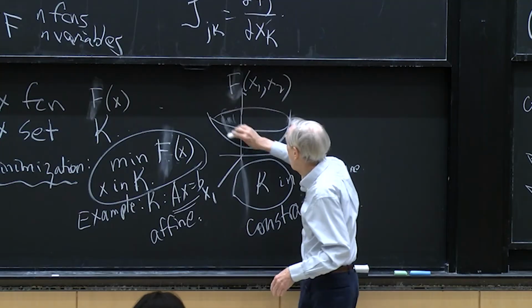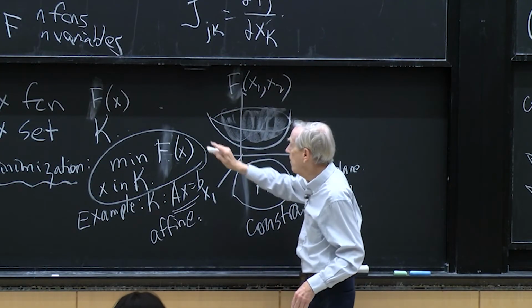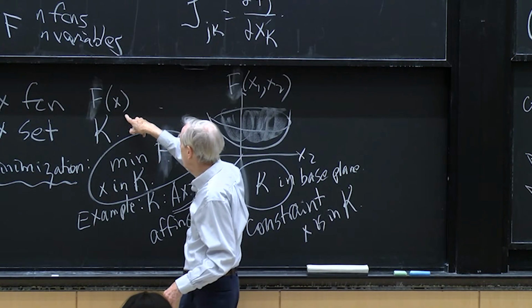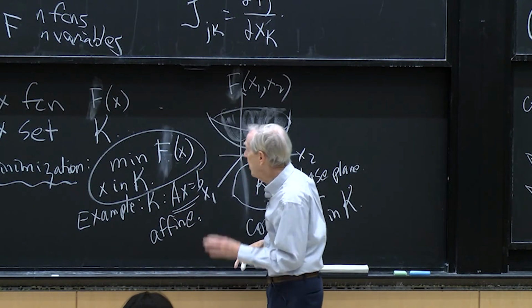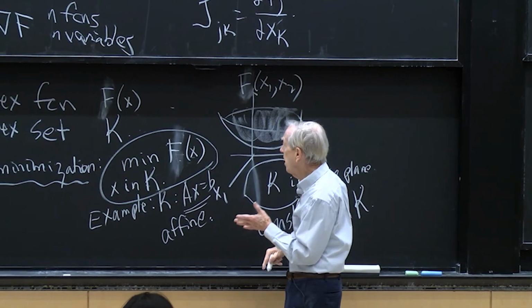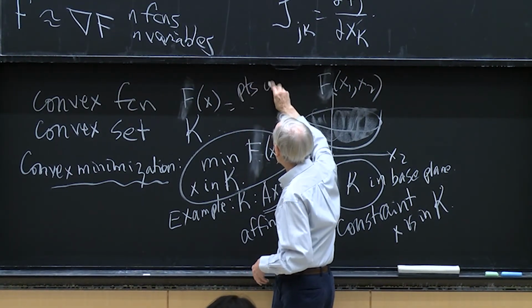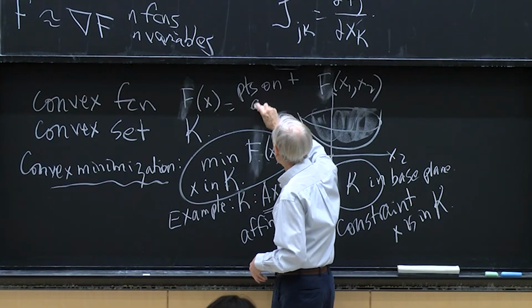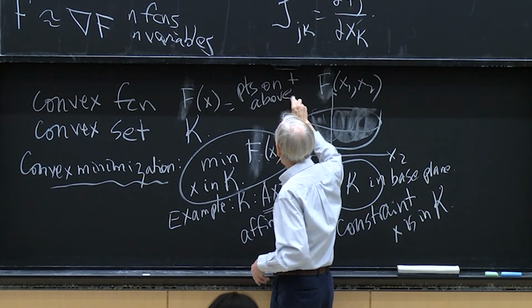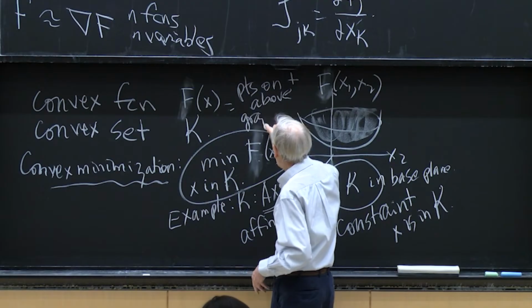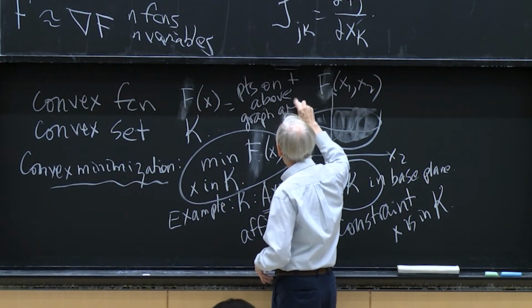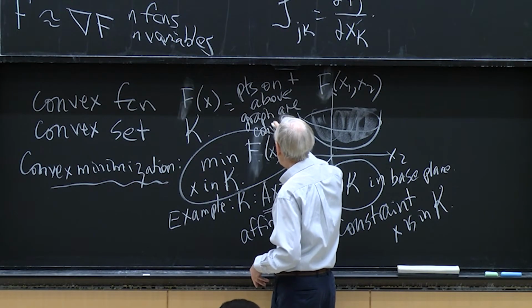These points. So a function is convex when the points on and above the graph are a convex set.